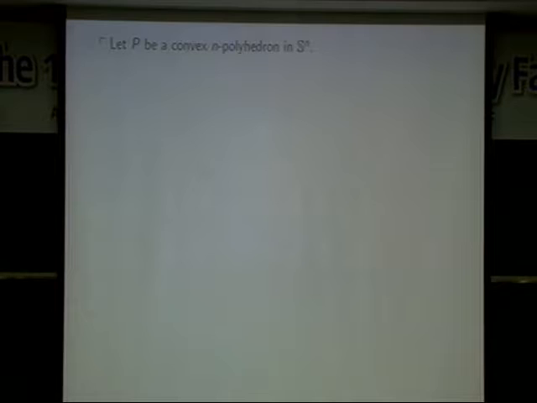So we have a convex polyhedron in the projective sphere, and previously I said that a facet is a face of codimension 1, a ridge is a face of codimension 2, and their numbers are F and E respectively.